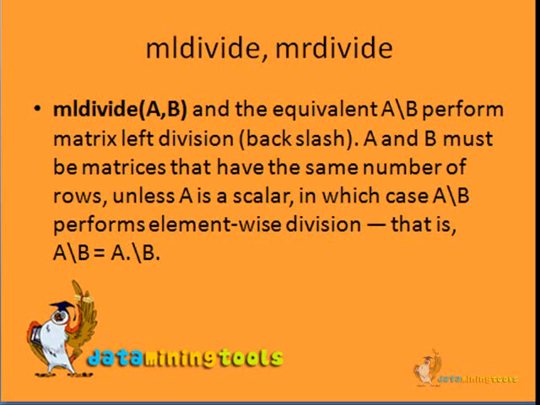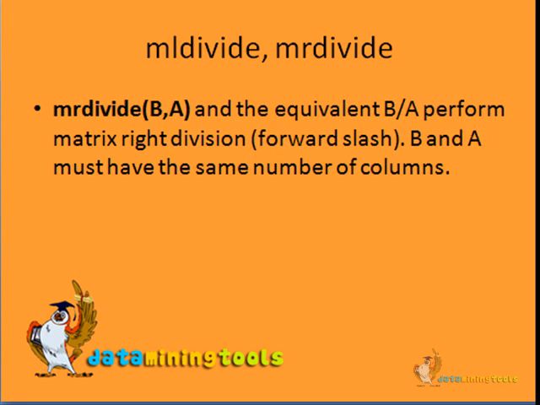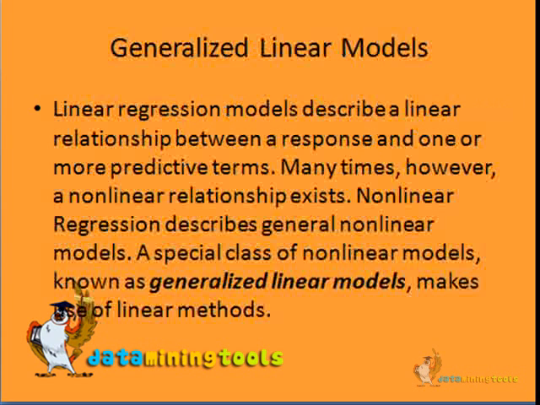A and B must be matrices and have the same number of rows unless A is a scalar, in which case A backslash B performs element-wise division, that is A backslash B equals A dot backslash B. Similar to this, we have mrdivide(B, A) and the equivalent B forward slash A, which perform matrix right division. So B forward slash A is the short form for the function mrdivide(B, A). Now B and A must have the same number of columns, of course.